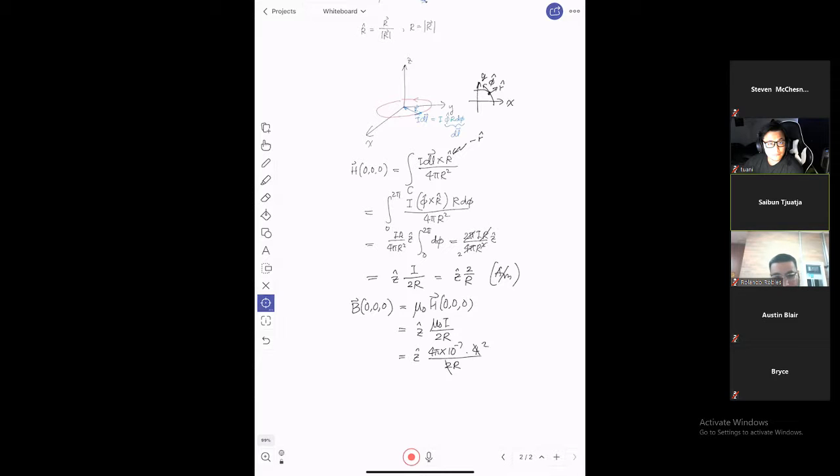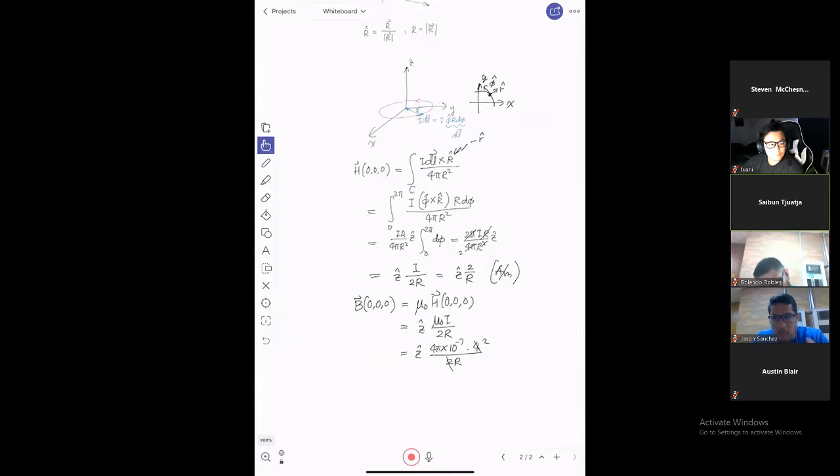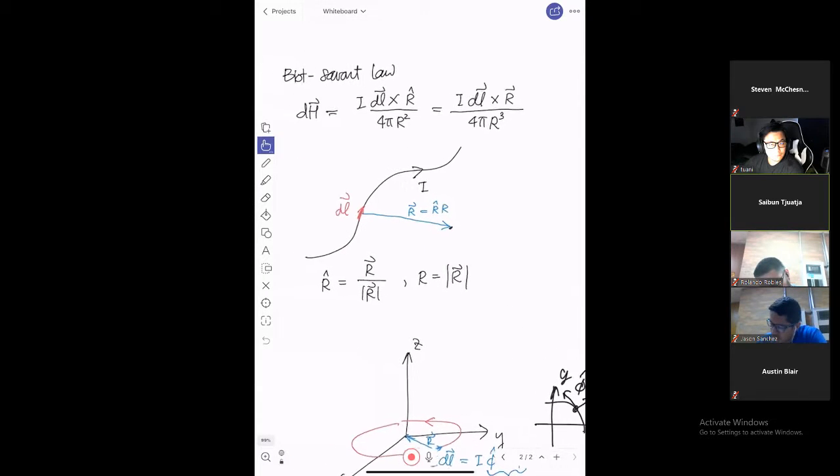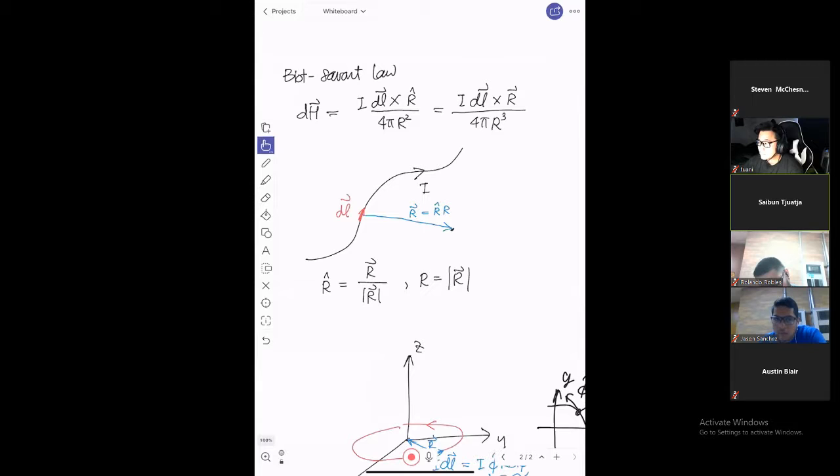In this case, notice that you need to distinguish between the unit vector versus the vector itself. So this is a unit vector, as I mentioned earlier. If you look at this formulation carefully, this is a unit vector, but that's why you see formulas of this type, the r cubed one versus r squared.